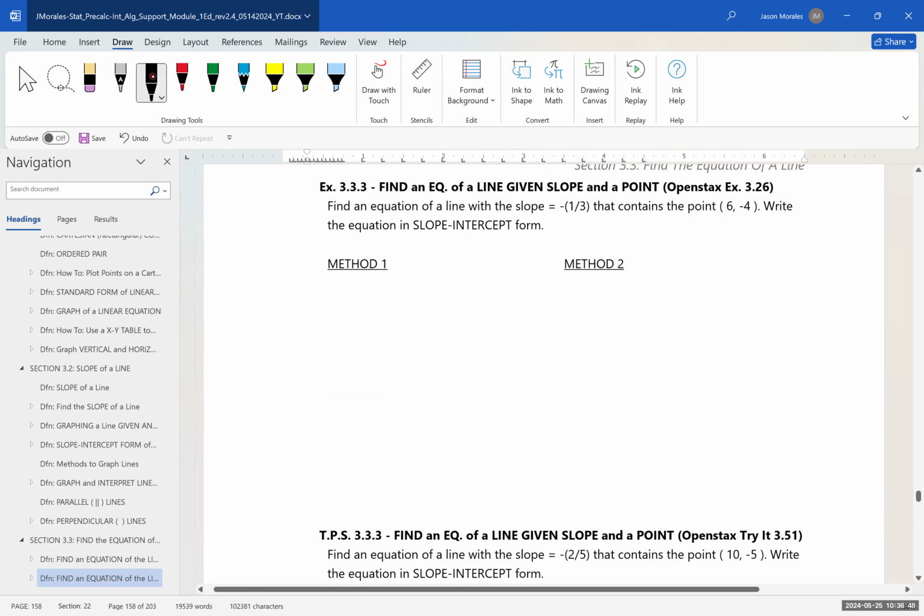Find an equation of a line with the slope -1/3 that contains the point (6, -4), and write the equation in slope-intercept form. With method one, we are given a slope of -1/3 and a point on the line, (6, -4). This is going to be our x and y.